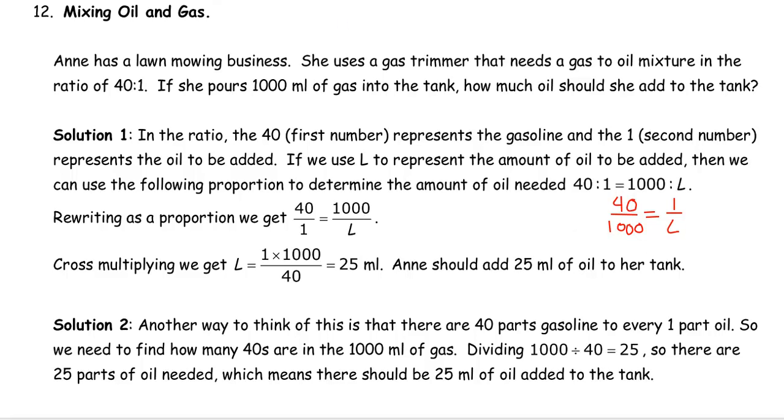Very similar. This is a little different way to show the cross multiplying. The 40 and L get multiplied, so we could write 40L equals the product on this diagonal, the 1 times 1,000. And I want to solve for L, so I divide out the 40.